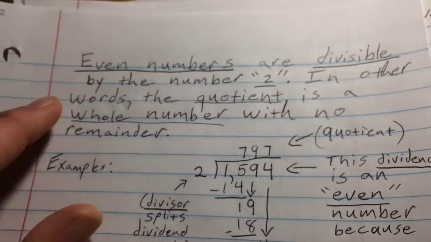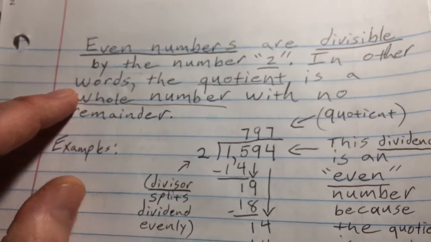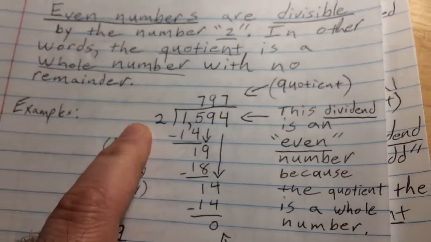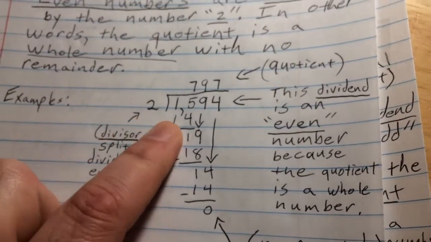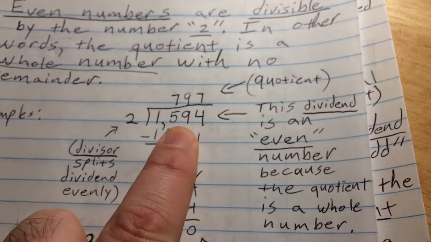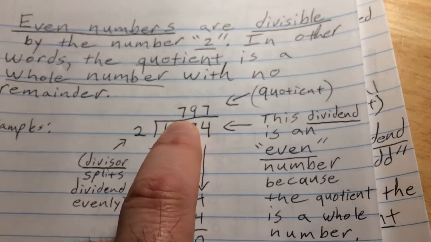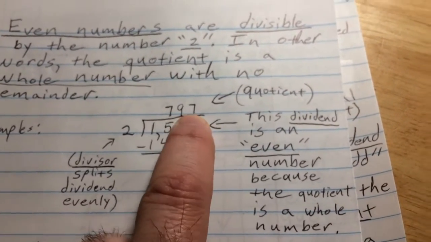And so when you're dividing an even number by 2, it comes out to a whole number with no remainder, no decimal. And that's when you know that the dividend, the number you're examining, is in fact an even number. So don't be distracted by the quotient and say, oh, but the quotient is odd.